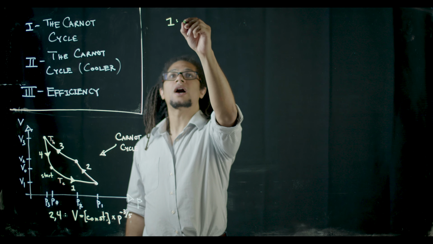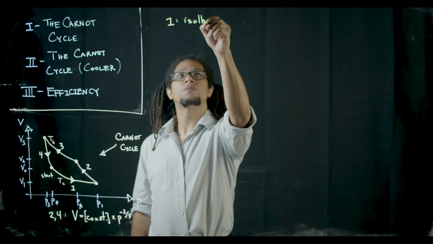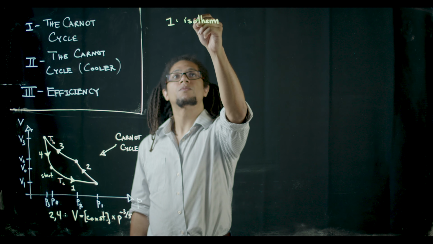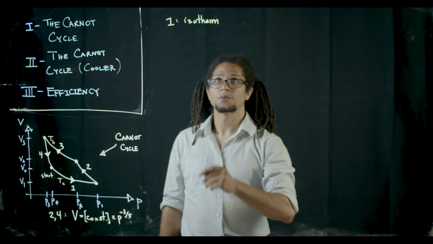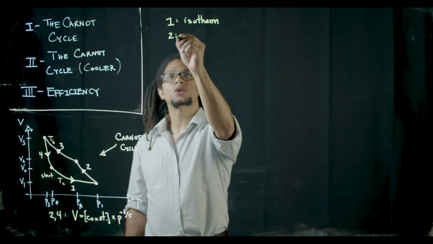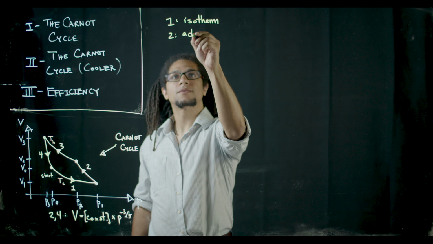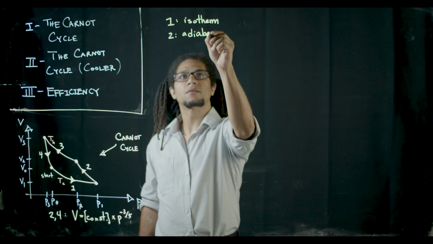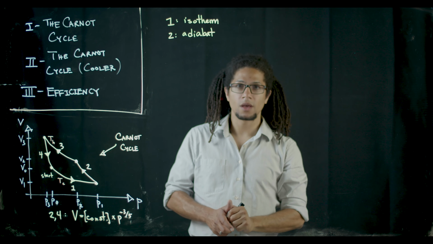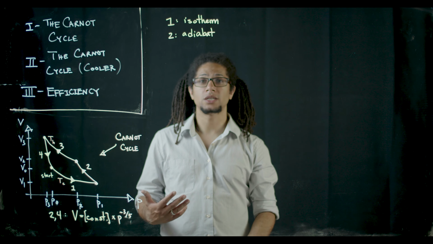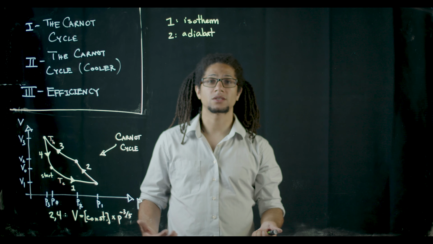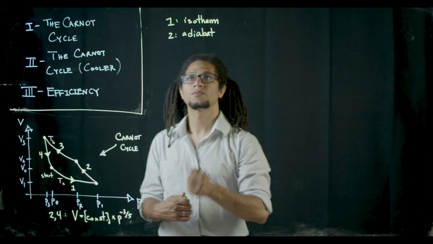Stroke 1 is an isotherm. So that means it's at constant temperature. Stroke 2 is an adiabat. And that means that entropy doesn't change over it, or that no heat flows into or out of the system during this operation.